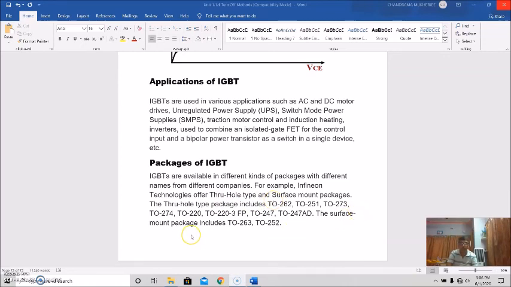Through-hole type packages include TO262, TO251, TO273, TO274, TO220, TO220-3, TO247 and TO247 AD, and surface mount packages include TO263 and TO252.